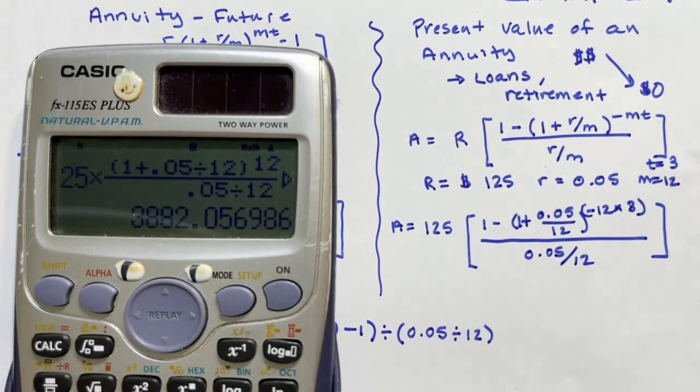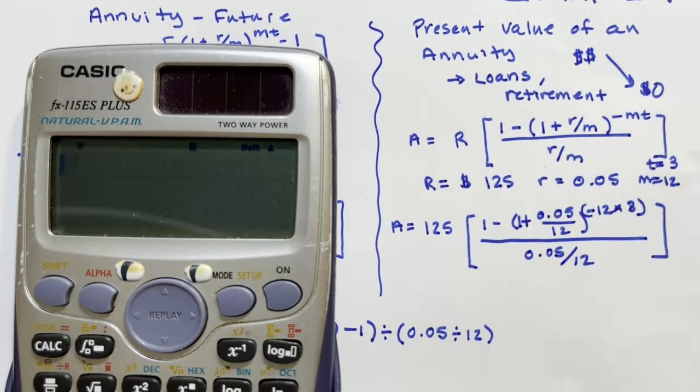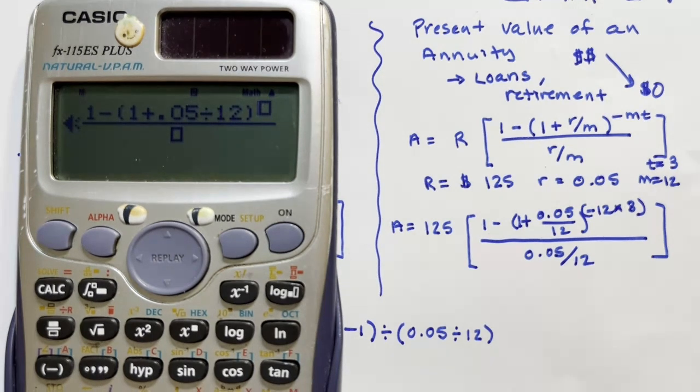See how it looks on this calculator. 125 times 1 minus 1 plus 0.05 divided by 12 to the, when I do the negative, I'm going to do the negative over here.